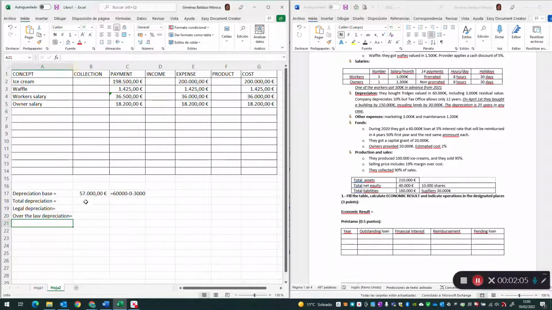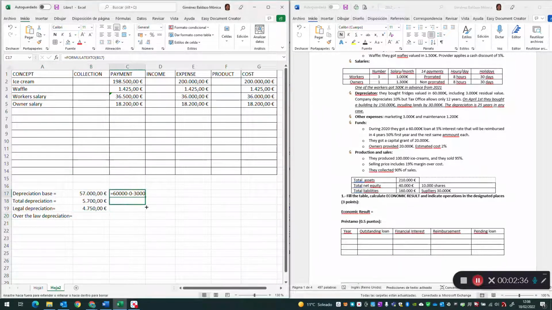So here we go. What will be total depreciation? It will be the depreciation base, and it says that the company wants to depreciate 10%. So we're going to multiply this depreciation base by the 10%. Then we have legal depreciation, and this is what the tax office allows us to do, which means it's going to be the depreciation base, but in this case, we have 12 years, which means we have to divide by 12, okay?